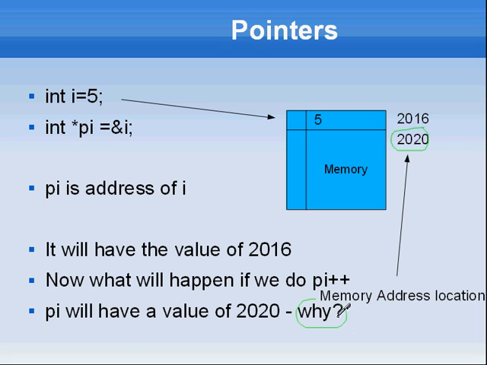Because the size of an integer is 4 bytes in this particular case, on this machine. So it will go to the next integer. The pointer will increment by the size of the type it is pointing to, which in this case is the size of int.